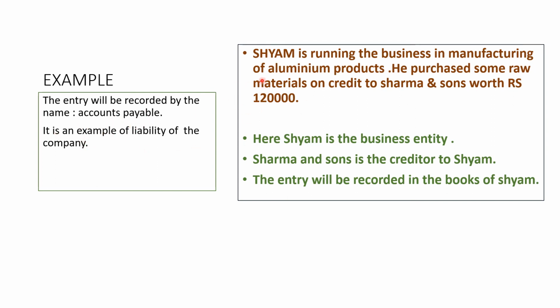This much amount Shyam is liable to pay to Sharma and Sons. So this is the meaning of creditor. A creditor is a person, entity, institution or company to whom the business owes money, to whom Shyam owes money. So here the creditor is Sharma and Sons, because the business is liable to pay money to Sharma and Sons.